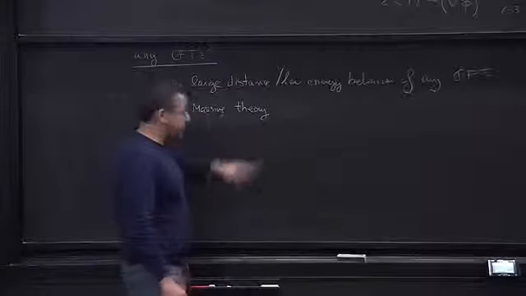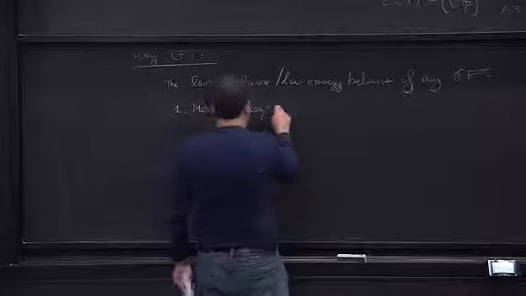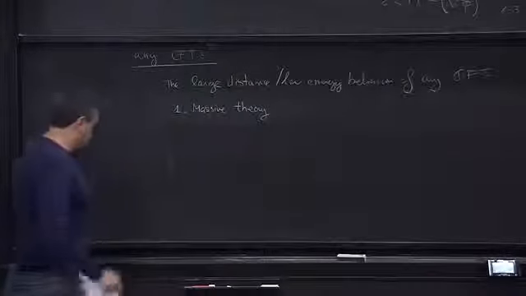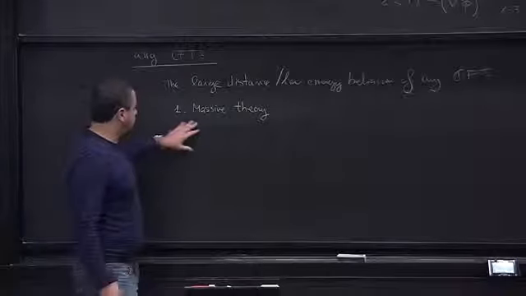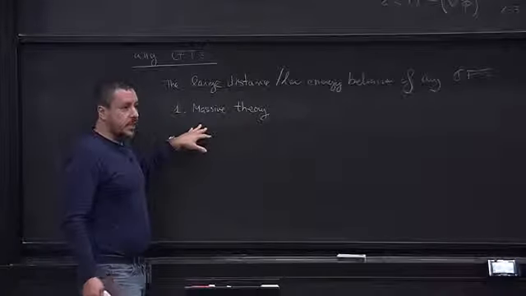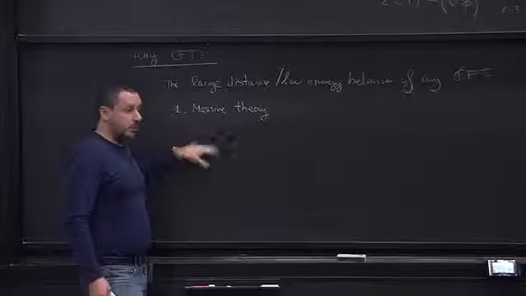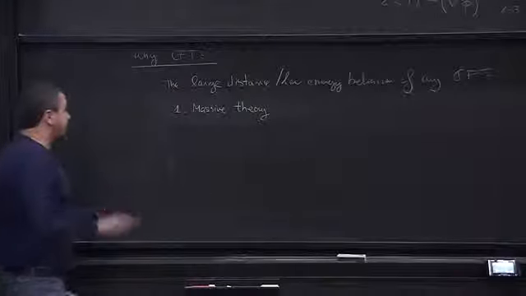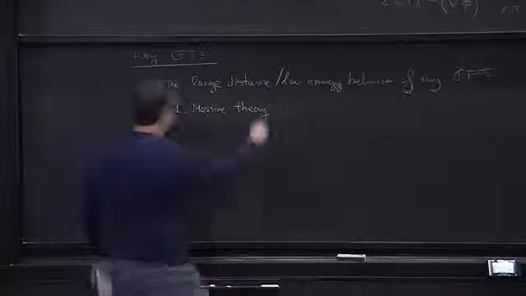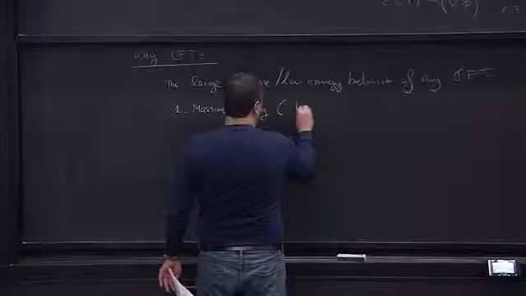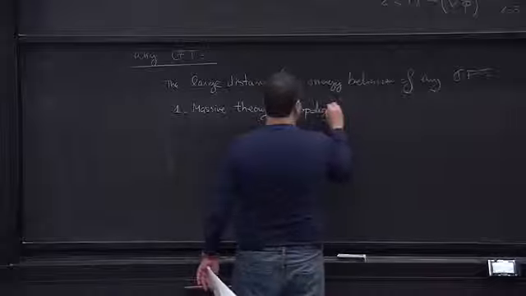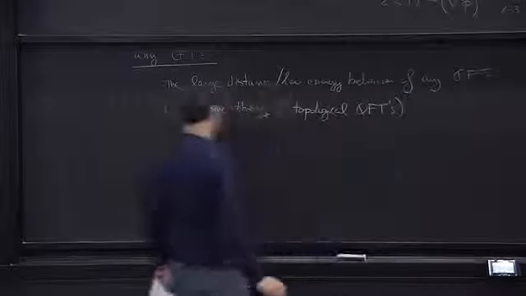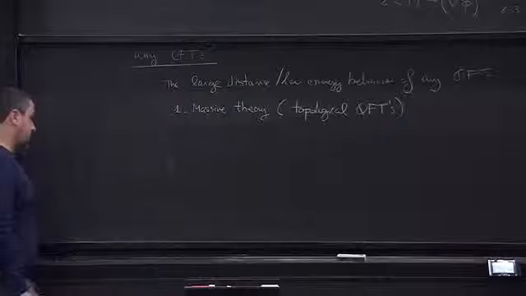Now, this kind of phase is recently very interesting to condensed matter physics for the following reason: even though this theory has no local excitations, it can have non-trivial topological features. These massive phases of quantum field theory can be described by topological quantum field theories, and there's been a lot of work on this in condensed matter.